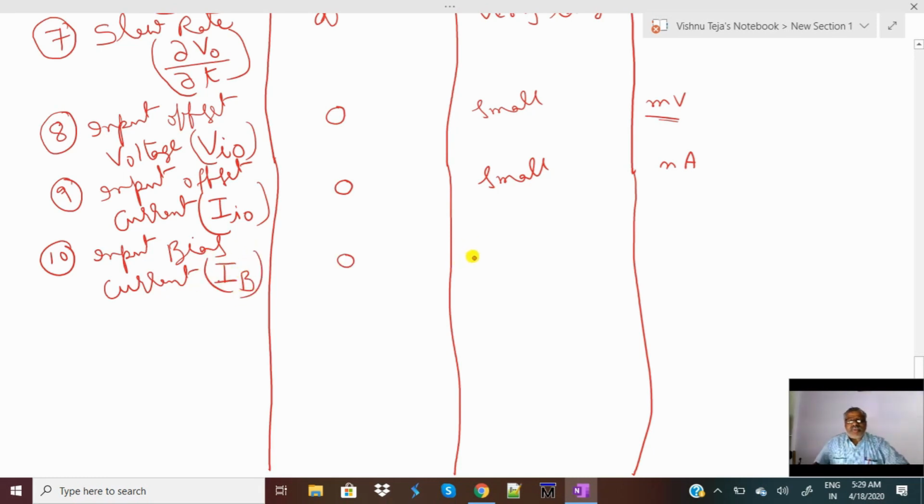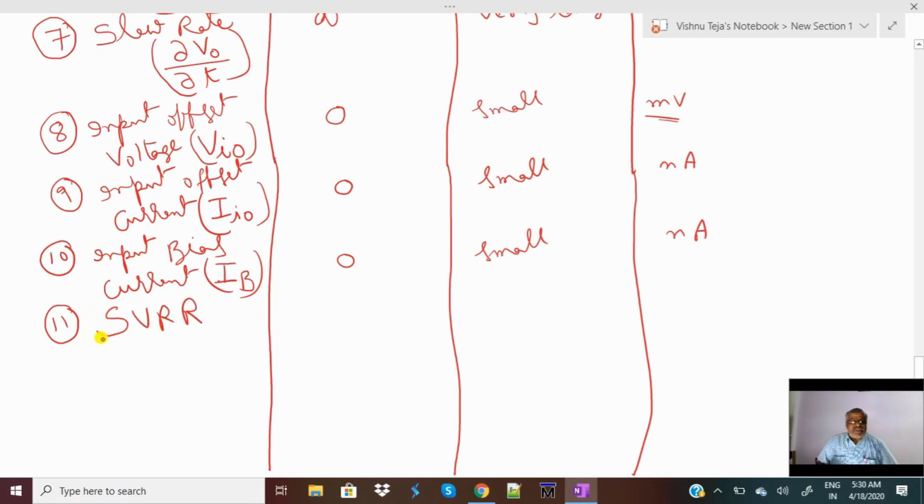Ideally its value should be 0 and practically its value should be as small as possible. This is also expressed in terms of nanoamperes. This value will be about a few hundreds of nanoamperes or of the order of microamperes.